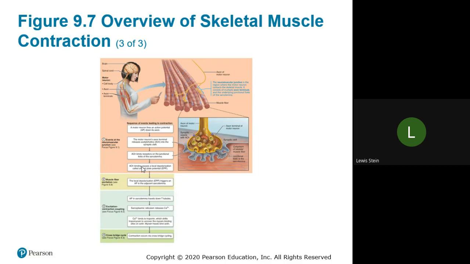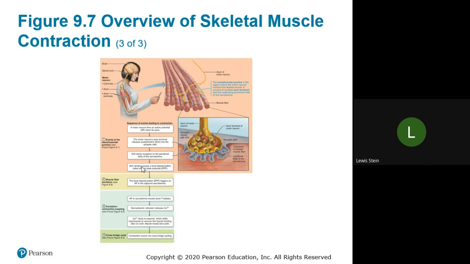Unless there is enough change of ion movement, creating more positivity across the membrane on the interior, that resting membrane potential, if it does not reach threshold value, it will not fire. It will cause nothing really to occur.